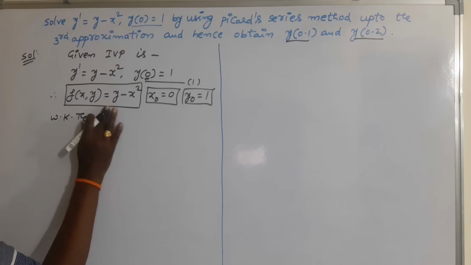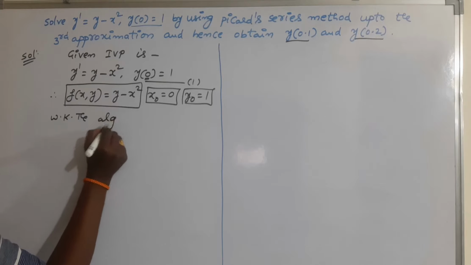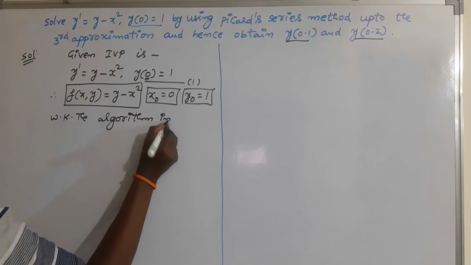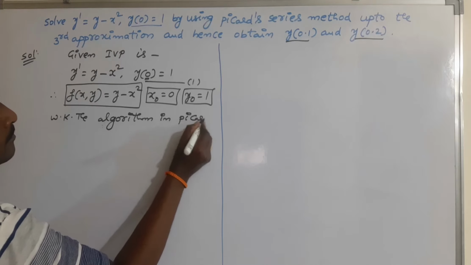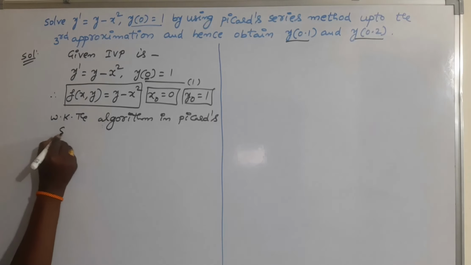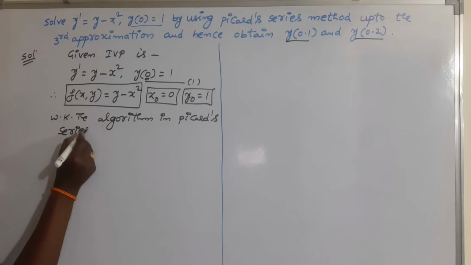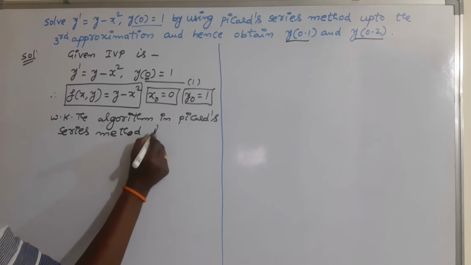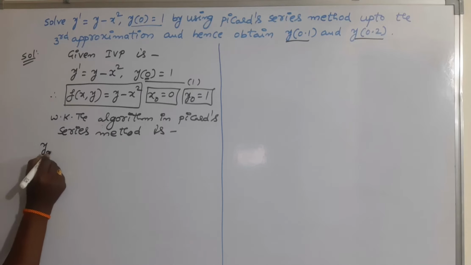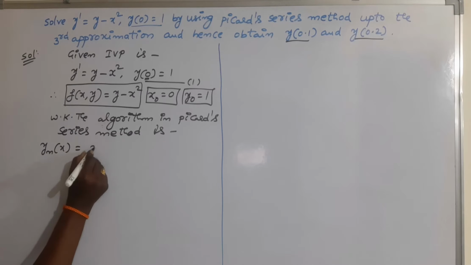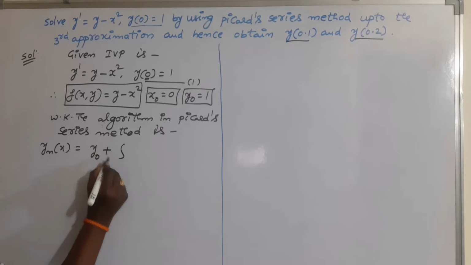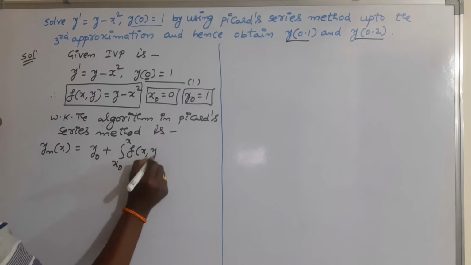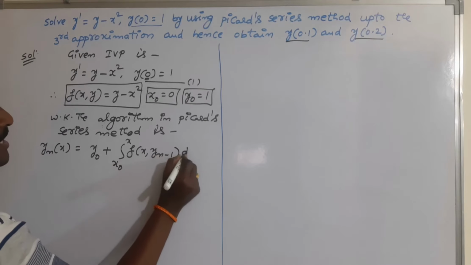Okay, now we know that the algorithm in Picard's series method is yn of x is equal to, first term is y0 plus integral x0 to x into f of x comma yn minus 1 into dx.